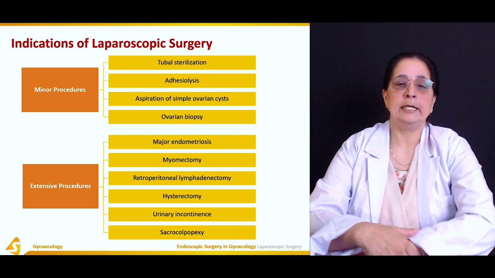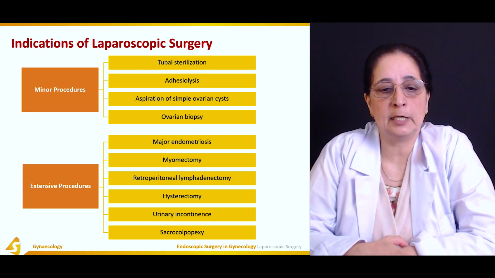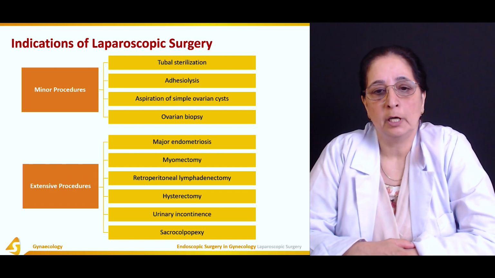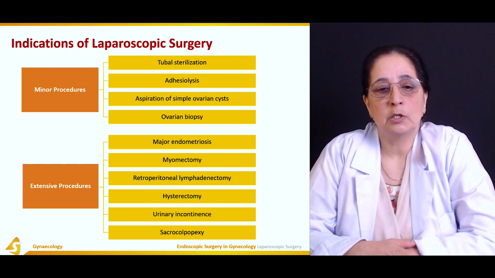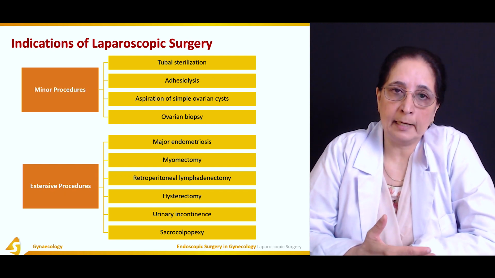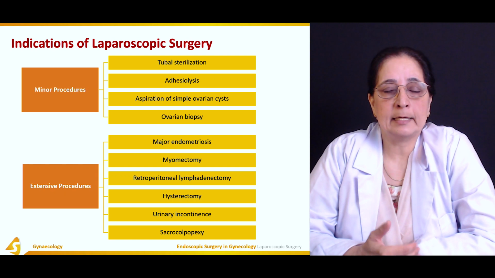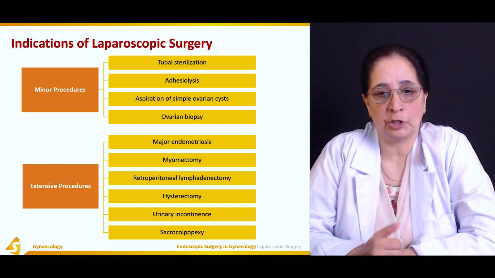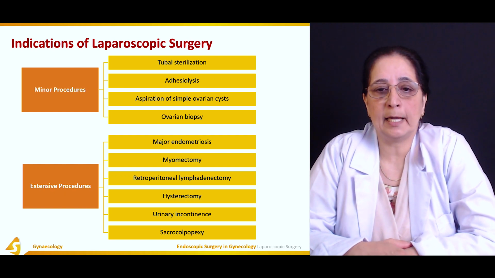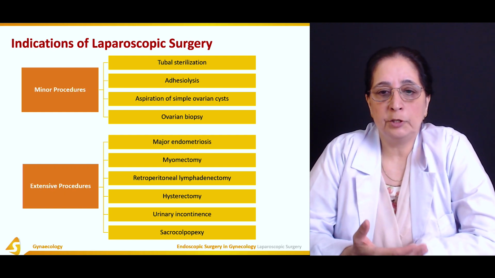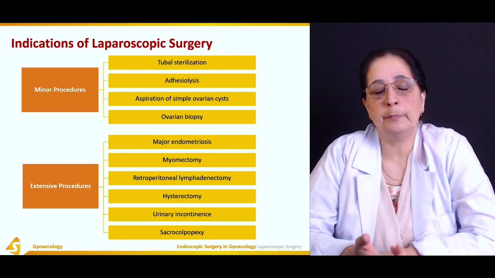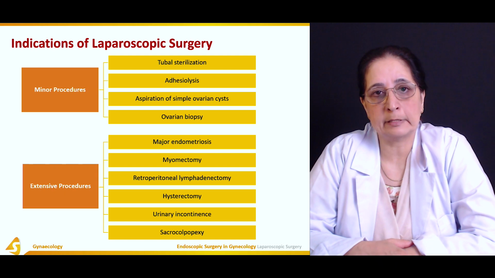Then what are the indications of laparoscopic surgery? Indications are the conditions in which we can use laparoscopic surgery. It is further divided into minor procedures and extensive or major procedures. Minor procedures in which laparoscopic surgery can be used include tubal sterilization or tubal ligation, which is a permanent method of contraception.